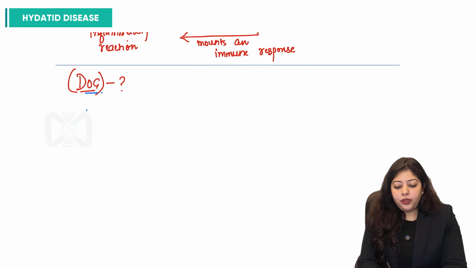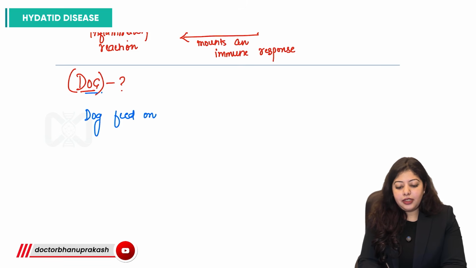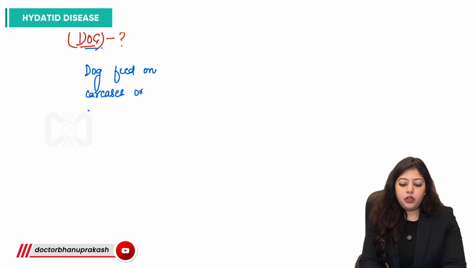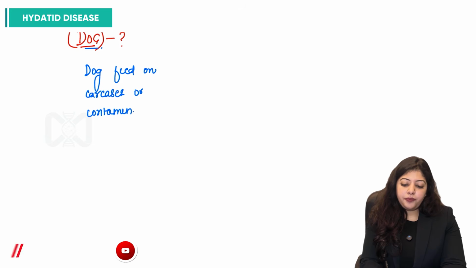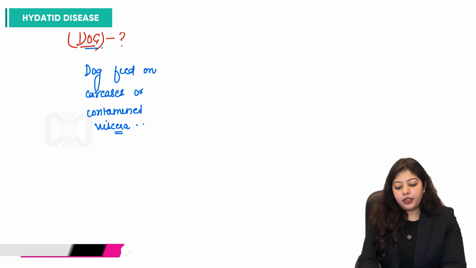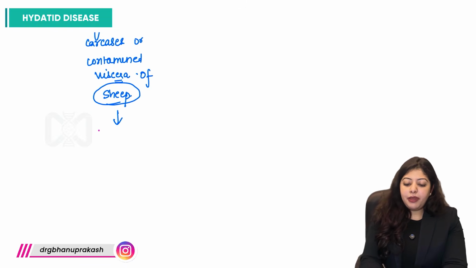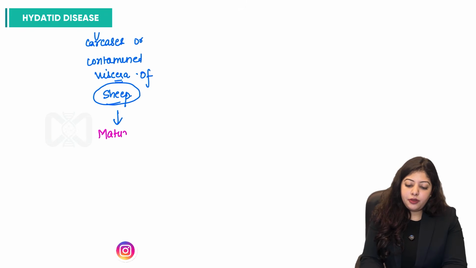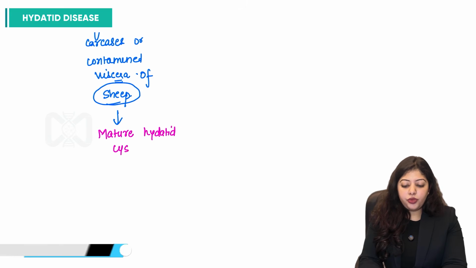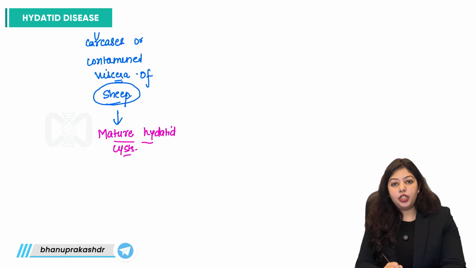Dogs, the definitive host, feed on the carcasses or contaminated viscera of sheep, and this contaminated viscera contains mature hydatid cysts.